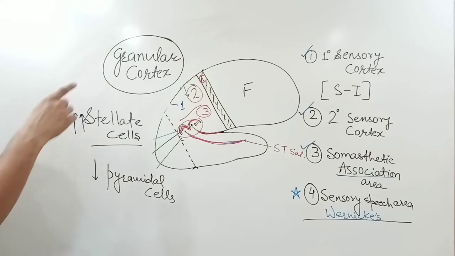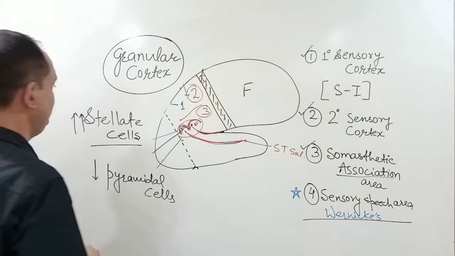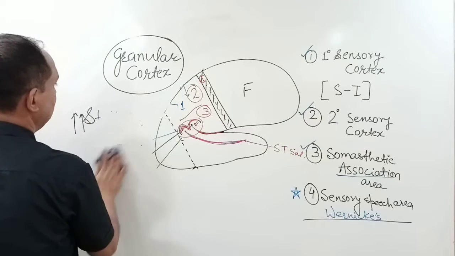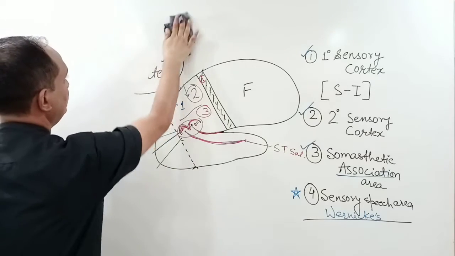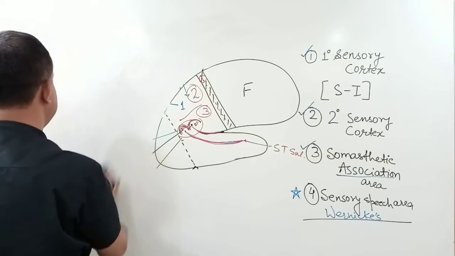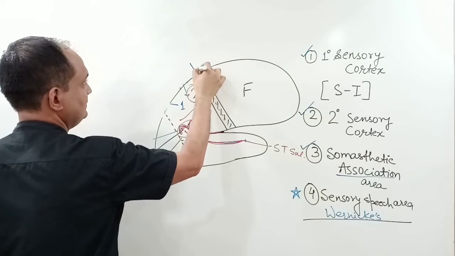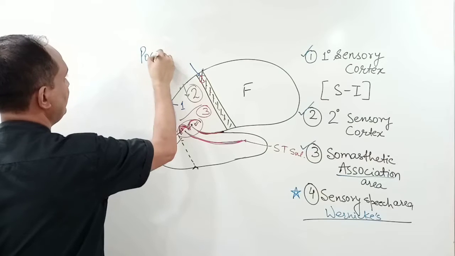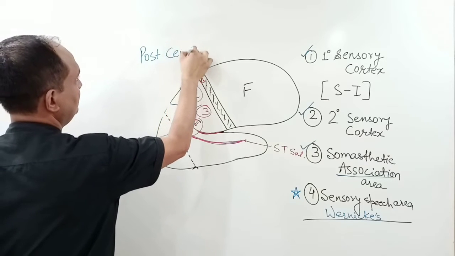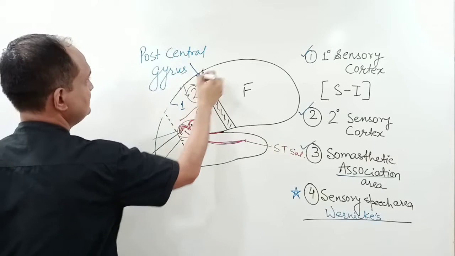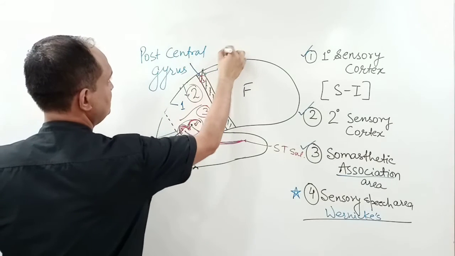The second thing is where you will find this primary sensory cortex. The primary sensory cortex occupies the gyrus just behind the central sulcus. This gyrus is known as the postcentral gyrus, and this is your central sulcus.